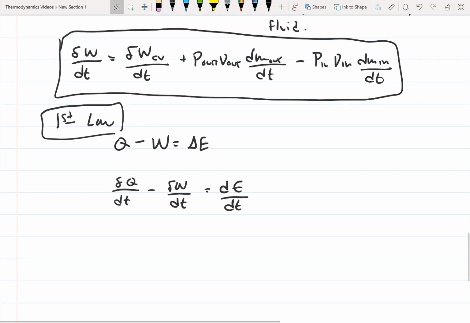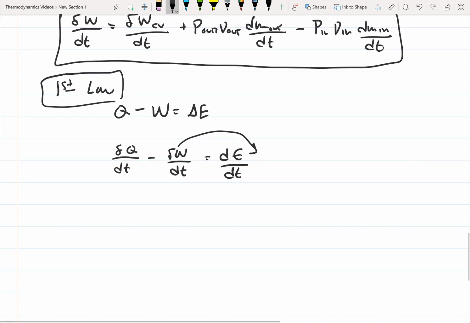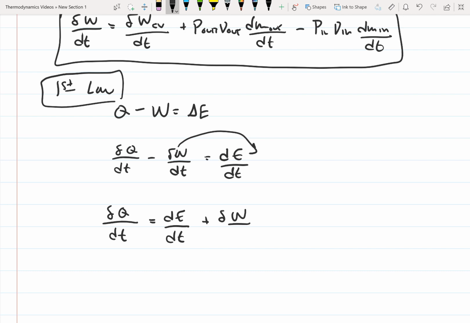And so now I'm going to move the work over to this side, so I'm just going to add it over. So then I get that dQ/dt is equal to dE/dt plus dW/dt.